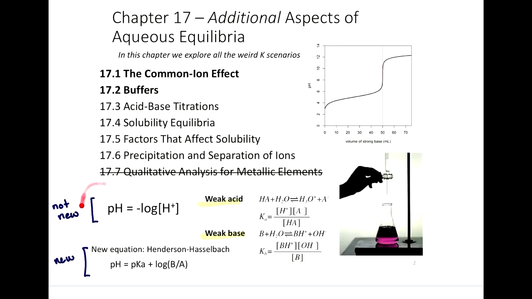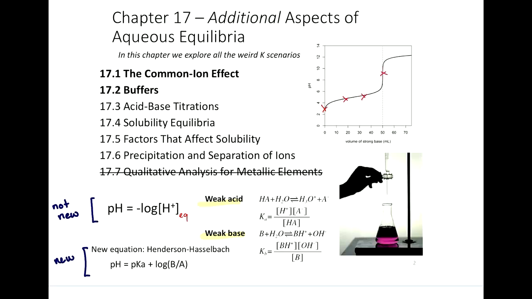We're still going to be using the equation pH equals negative log of H plus concentration at equilibrium. But we're also going to talk about this new equation, the Henderson-Hasselbalch equation, where, what if I have both an acid and its conjugate base present in very large quantities in a solution? And that's what a buffer is. We're going to look at titration curves and calculate the pH at every single point on the titration curve, right?